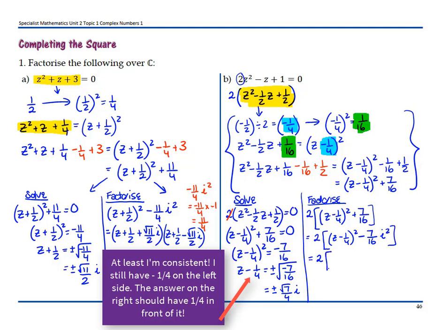So I've got 2 bracket z minus a quarter plus the square root of 7 over 4i, z minus a quarter minus the square root of 7 over 4i. You don't really need the square brackets there because you've got the double brackets in the middle, so you could get rid of those. And that's done. So I've done both methods for those 2 questions.